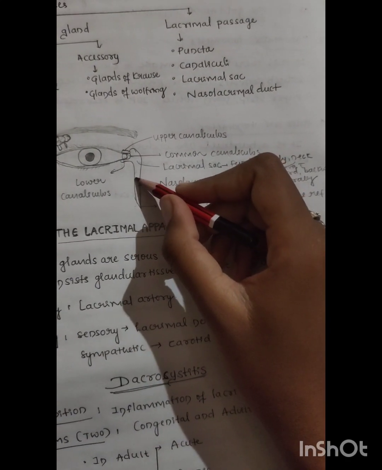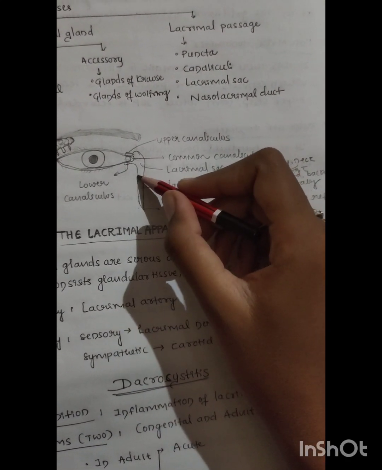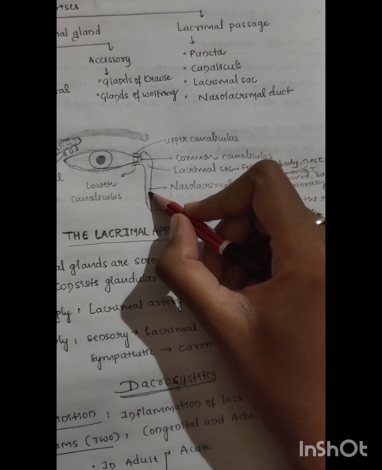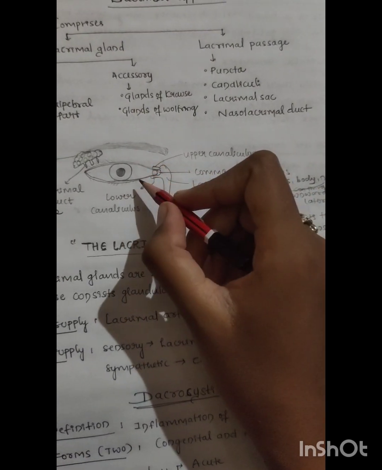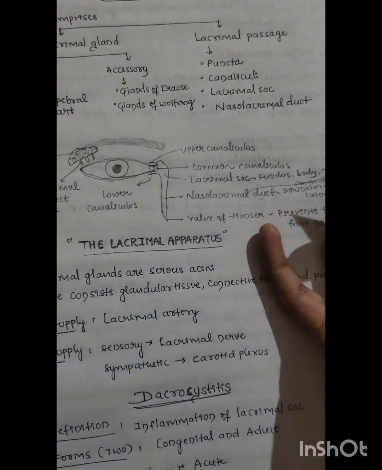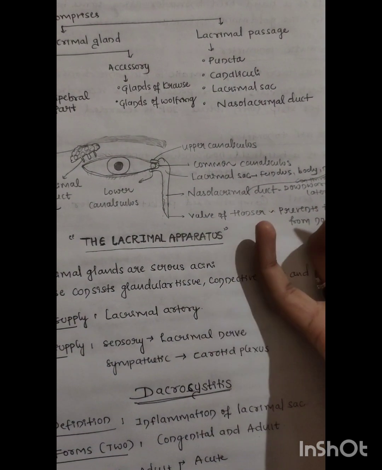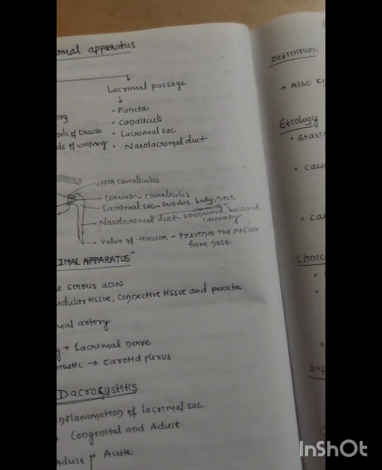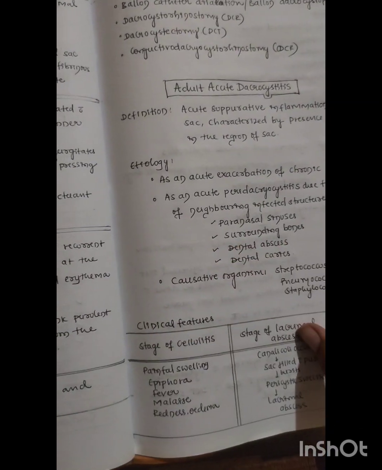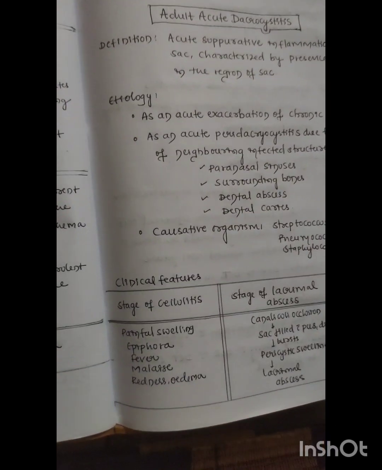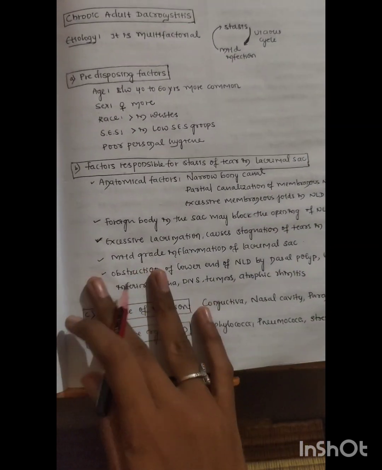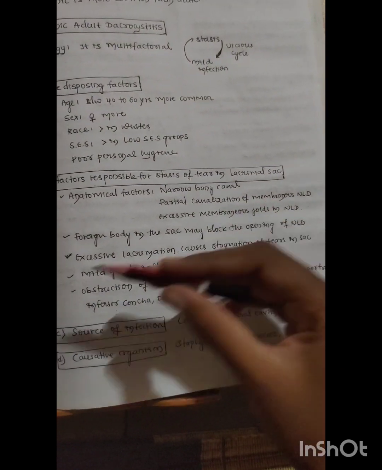But if it is narrower or if there are membranous folds, it leads to stasis of the tear. It leads to Dacryocystitis. Okay. These are the causes I explained there.